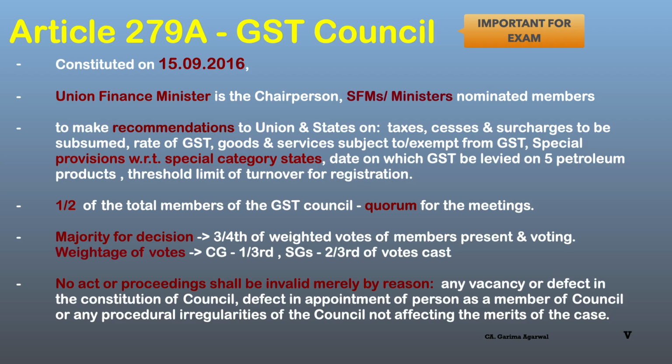The council recommends on basically all matters related to GST as per the Article 279A, but key areas include taxes, cesses and surcharges to be subsumed, exemptions and threshold limit for turnover, floor rates with bands of GST and special rates for calamities, model GST laws and place of supply rules, and also special provisions in relation to states of Arunachal Pradesh, Assam, Jammu and Kashmir, Manipur, Meghalaya, Mizoram, Nagaland, Sikkim, Tripura, Himachal Pradesh and Uttarakhand, and such states are also referred as special category states in GST.